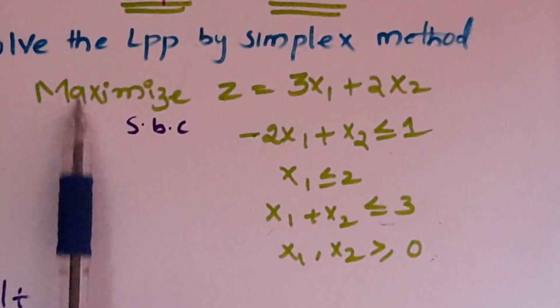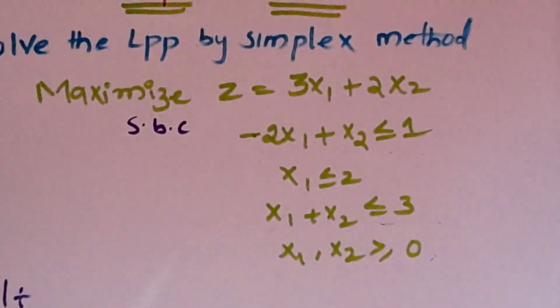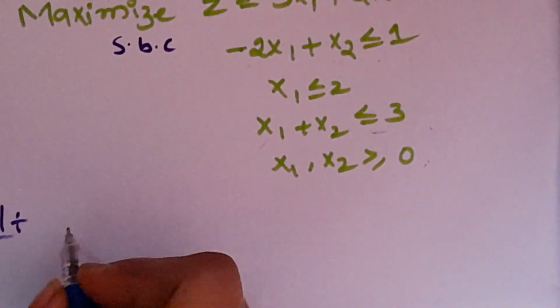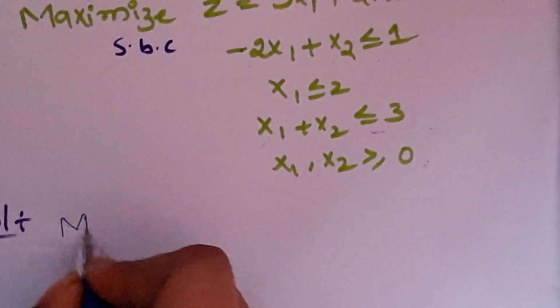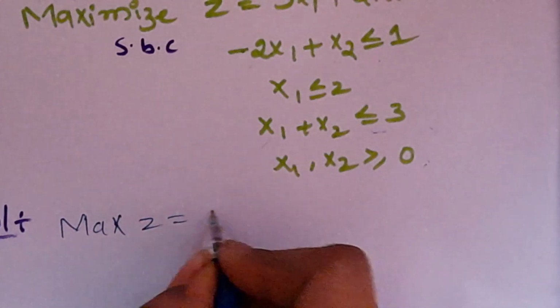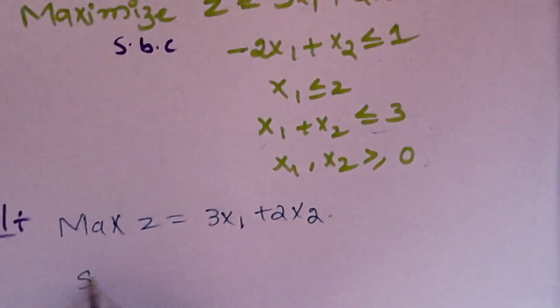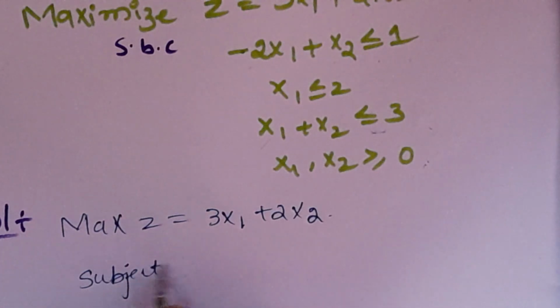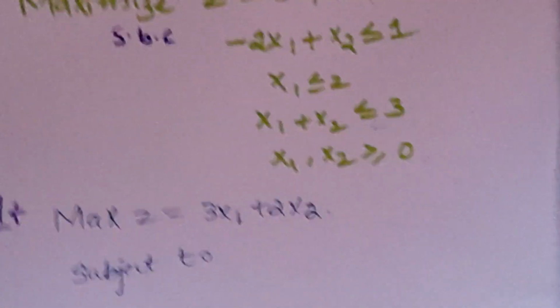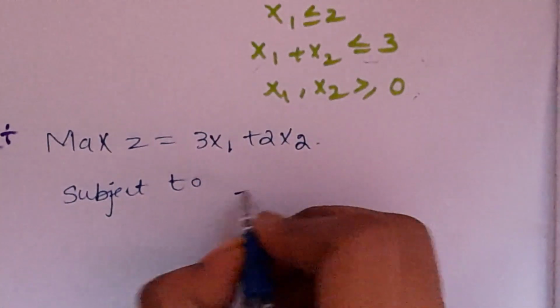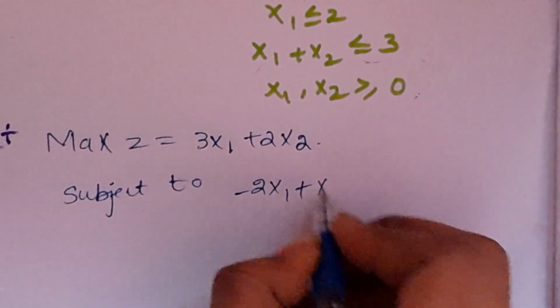Here we have a maximization problem. So, max z equals 3x1 plus 2x2, subject to the constraints minus x1 plus x2.